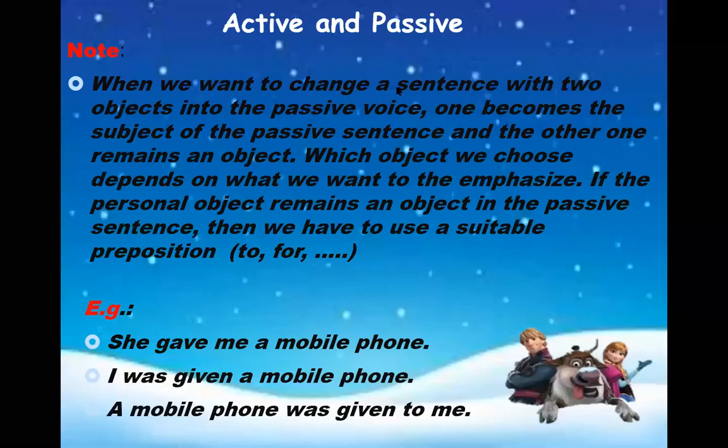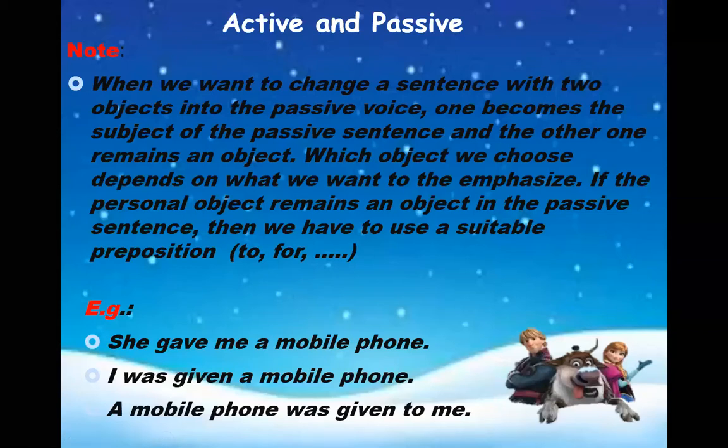When we want to change a sentence with two objects, you can use the object that you want to emphasize, like that. She gave me a mobile phone. Okay? Here I have got two objects, me and mobile phone. Which object do you want to start with?